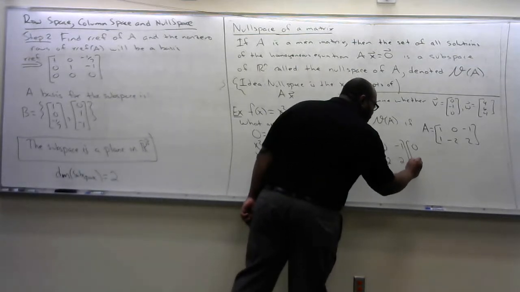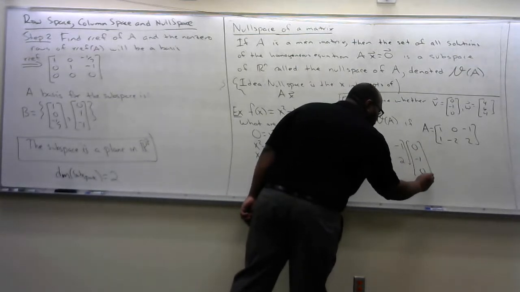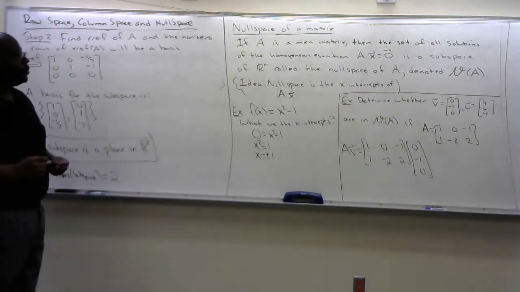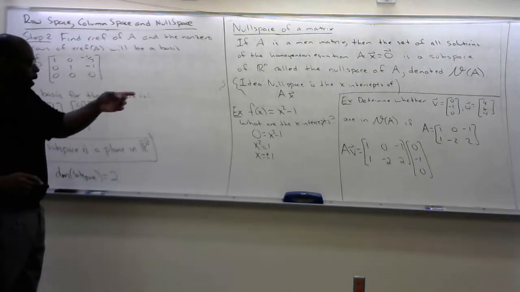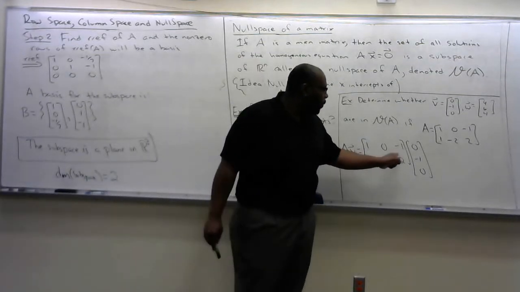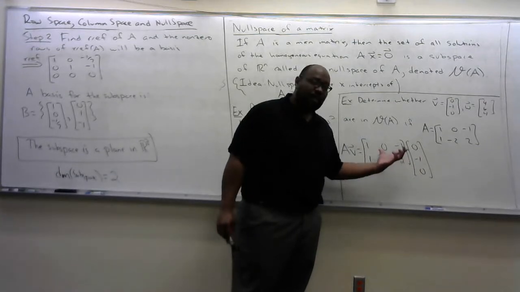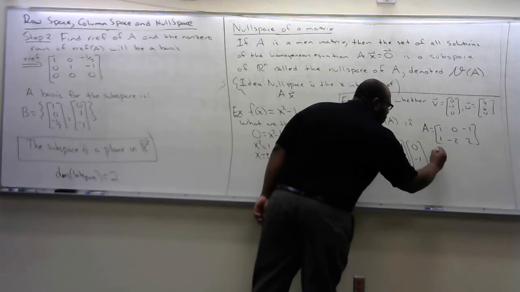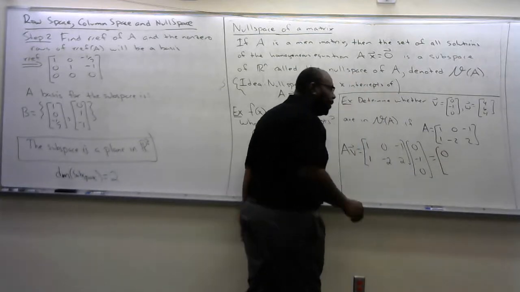So I have 1, 0, negative 1, and I'm going to multiply that times 0, negative 1, 0 using the dot product. What do I end up with? I get a 0, which is good.